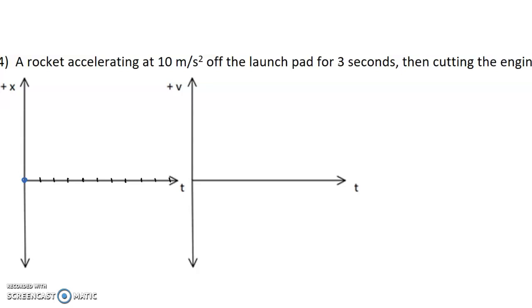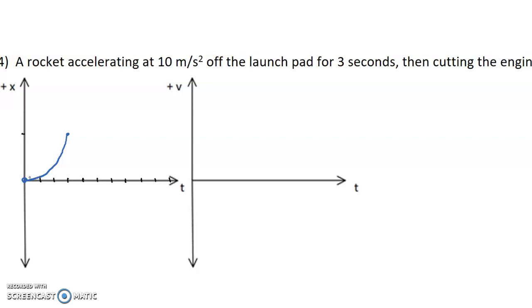After the third, it's now going 30 meters per second. So 3 seconds in, it's gained all this velocity, and in doing so, it's also gained a lot of elevation. So we should be higher up 3 seconds later, and we should get there by gradually increasing our velocity.